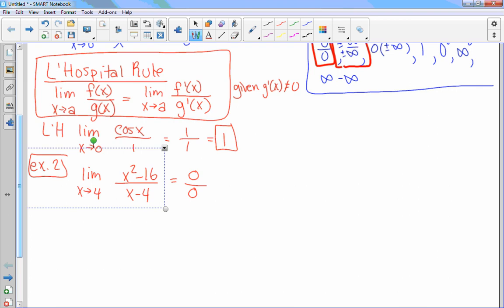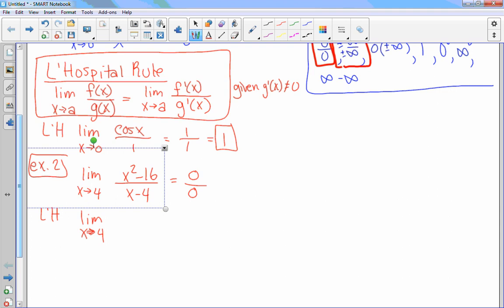Okay? So yes, you could look at the end behavior, you can look at the quadratic and the linear graph and see where it goes when you hit 4. But we can also use L'Hopital's rule. L'Hopital's rule is so easy as long as you do it correctly. Correctly means you take the derivative of the numerator separate, you take the derivative of the denominator separate.